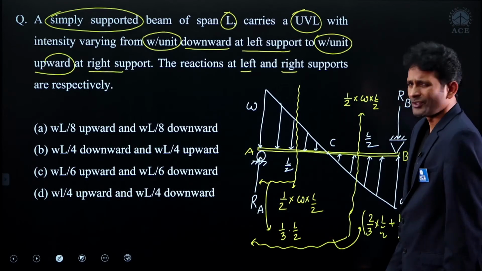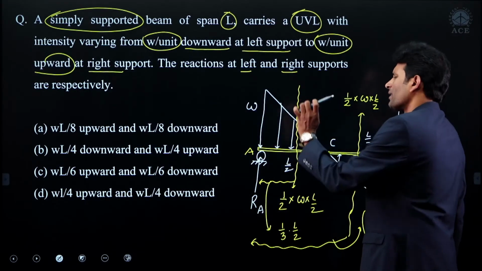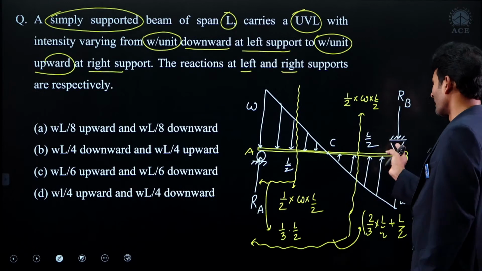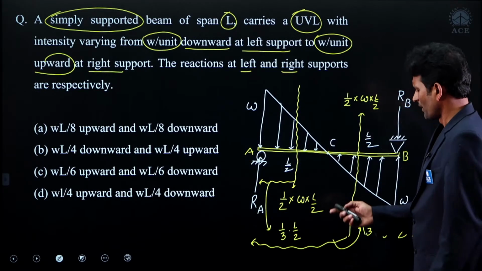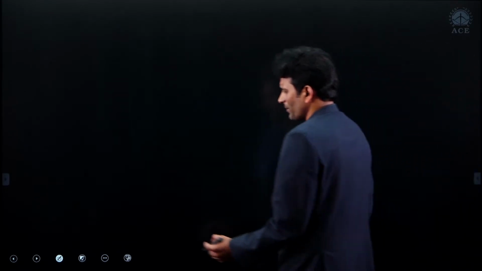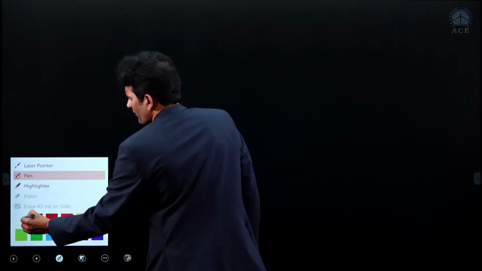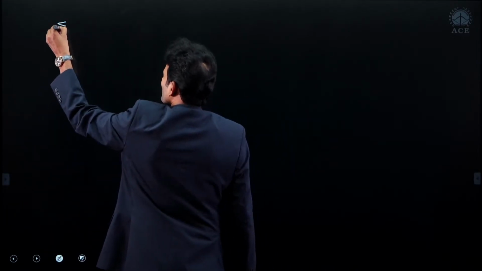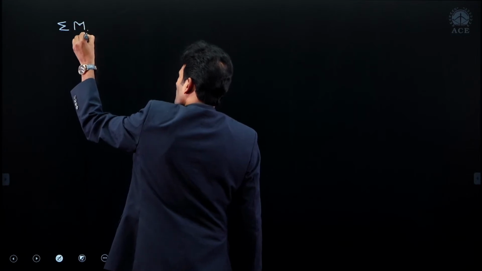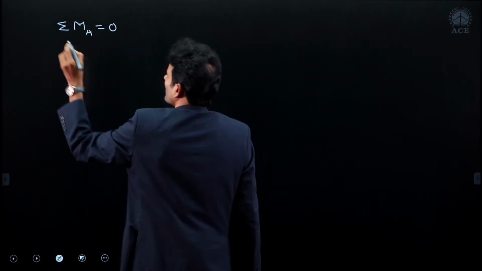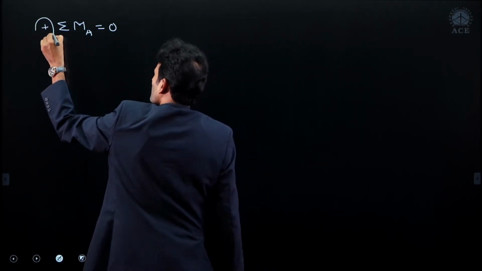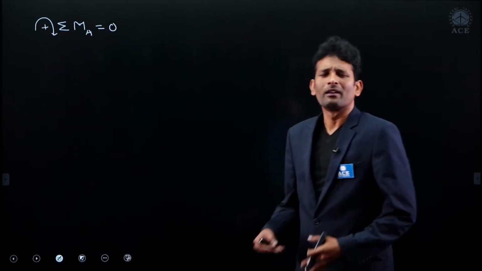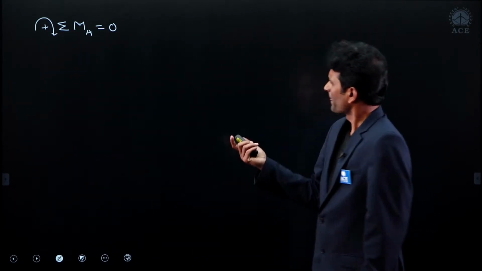Now what I am doing is, I can take the moment equilibrium condition about A. We can take it at A or at B. First I am taking it at A. So when I am writing the moment equilibrium condition, summation of moments about A equal to 0. Clockwise rotation I am using as positive sign. Automatically anticlockwise rotation gives the negative sign.